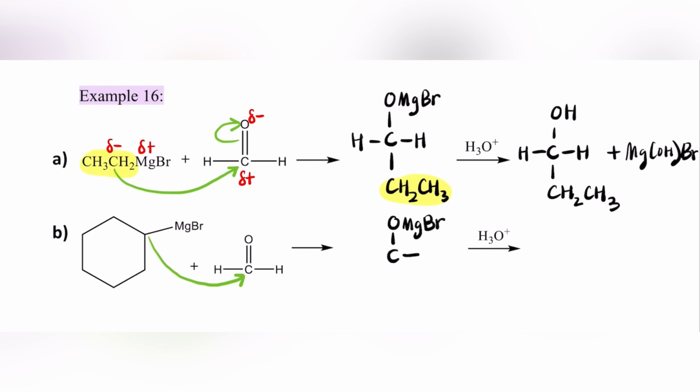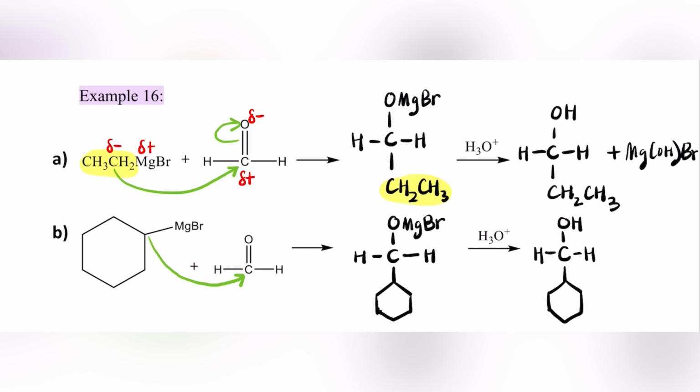And then dia attach kepada dua hydrogen kiri kanan. And then this extra carbon dia akan attach kepada cyclic ring awak. And then after that kita hydrolyze, kita akan dapat kita punya structure which is C bonded to H, and then OMgBr akan jadi OH dan dia bonded kepada alkyl group.